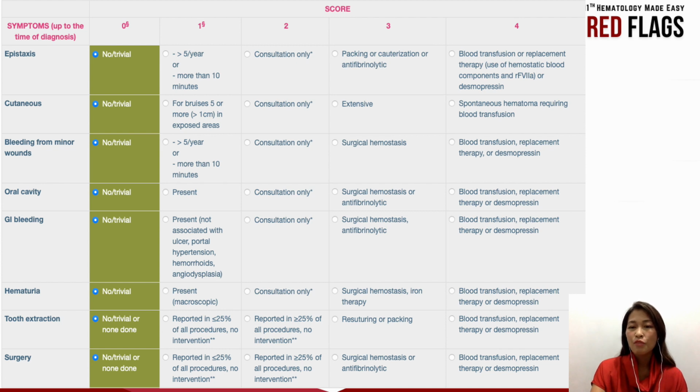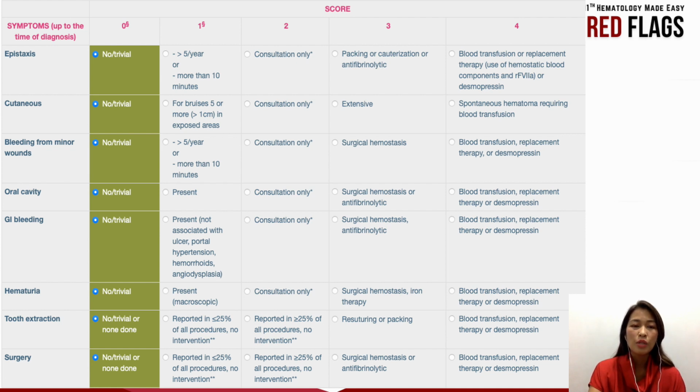Each of the 14 variables is scored from 0 to 4, except for CNS bleeding, when the scores are 0, 3, or 4. And on the basis of this, a final score is derived. The BAT has a sensitivity of 49% and specificity of 53%, with a positive likelihood ratio of 1.04.